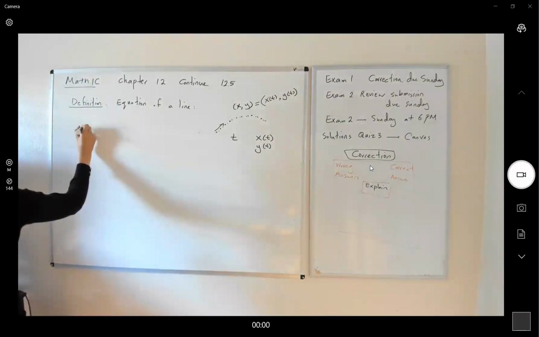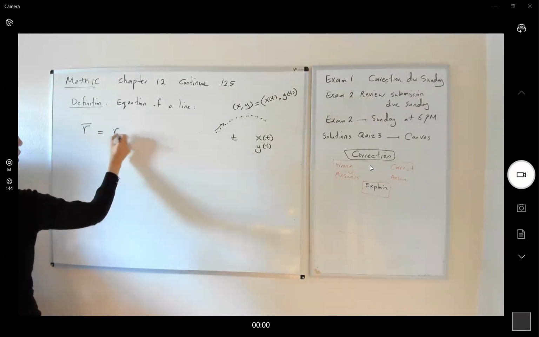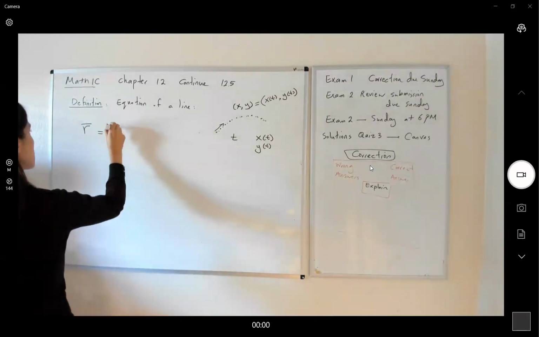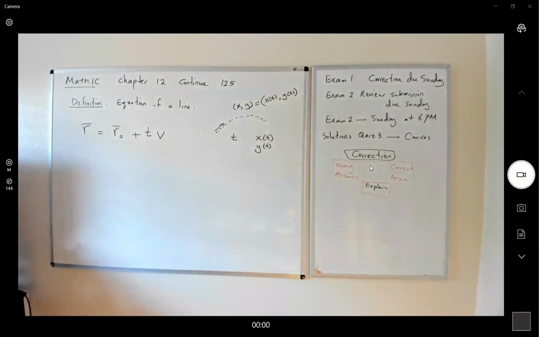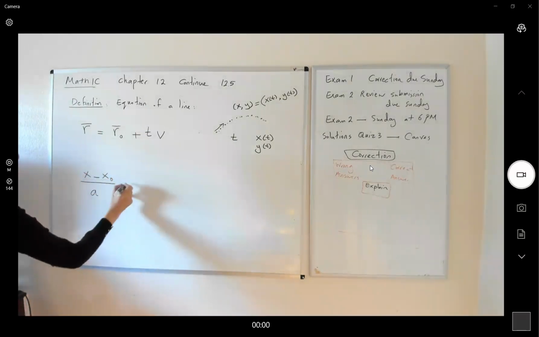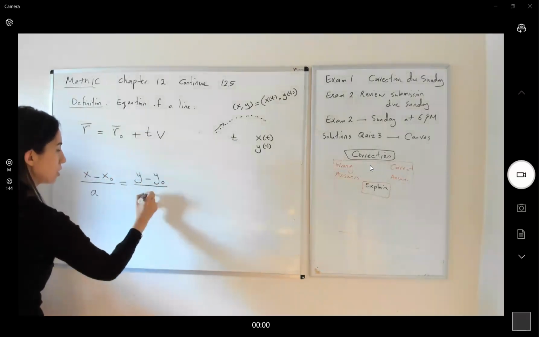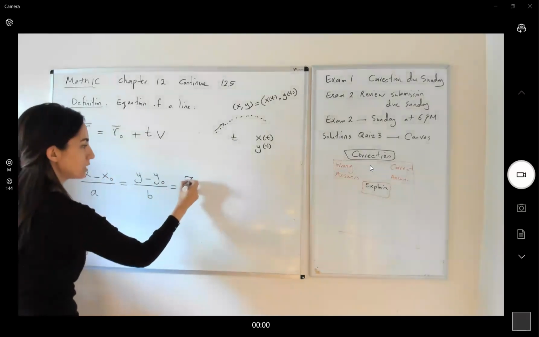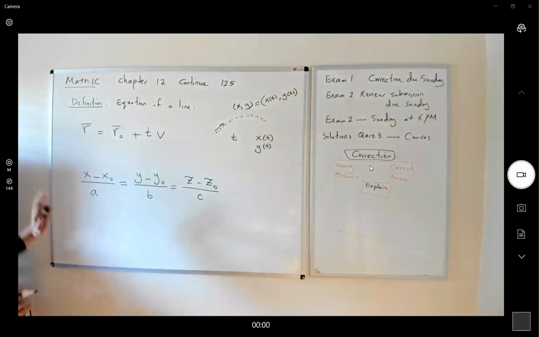R is equal to R sub 0 plus t times v. The second equation that you get is (x minus x sub 0) divided by a equals (y minus y sub 0) divided by b equals (z minus z sub 0) divided by c.